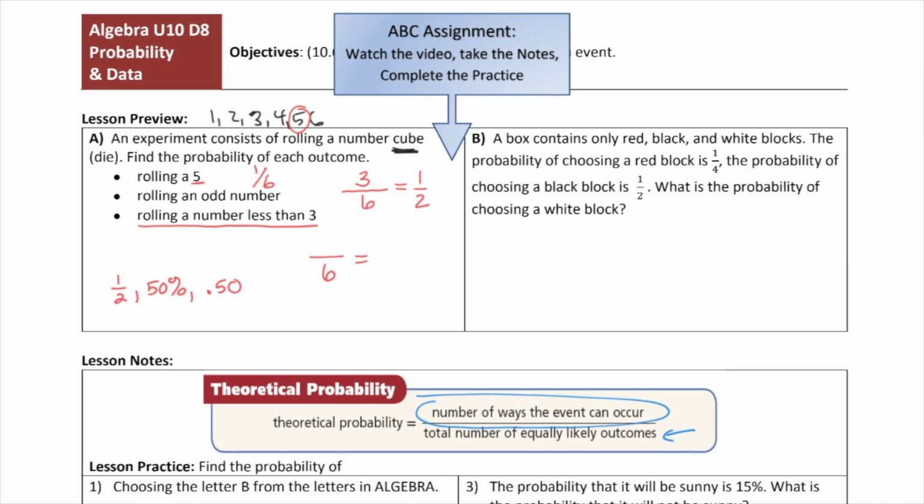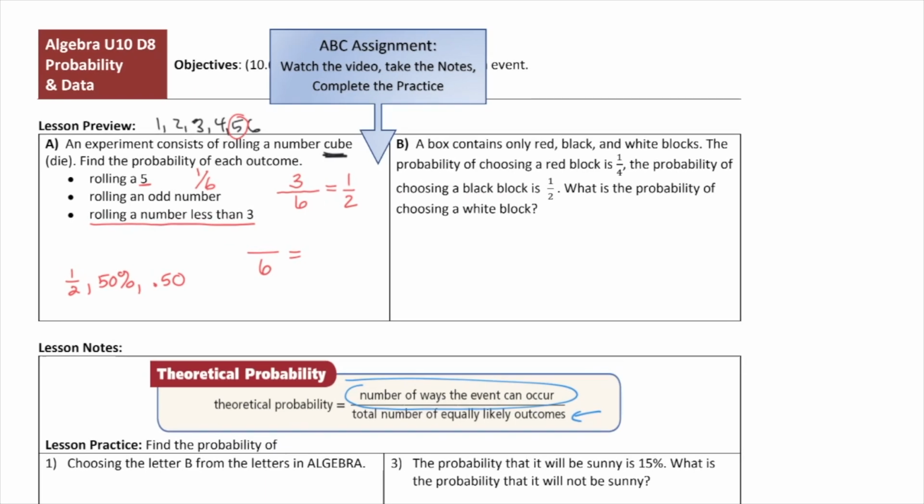When we look at question B, you have a box that contains only red, black, and white blocks. The probability of choosing a red block is 1/4. The probability of choosing a black block is 1/2. Determine the probability of choosing a white block. We're going to use the idea that the events are mutually exclusive.